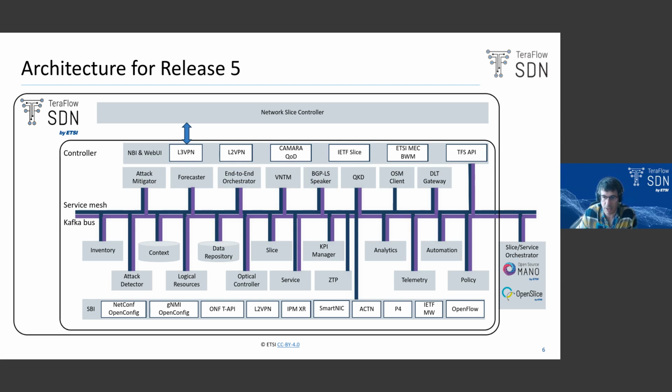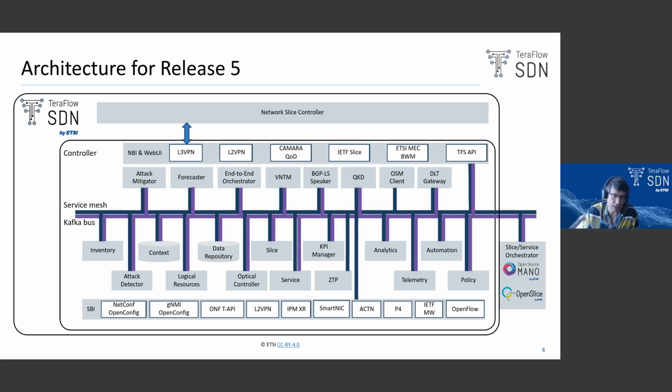This is very important. We have been working a lot on this cycle of analytics, telemetry, and automation policies that you can see on the right side. Other components that might appear new are, for example, the one that we presented in release 4 and are stabilizing in release 5. Also, the anti-gateways and so on.